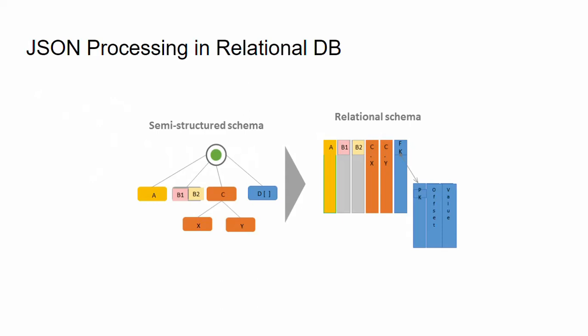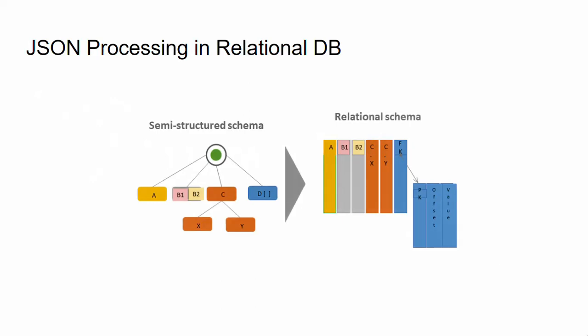Or if we only know there's a C and don't know what may be inside, we can put C as a column with a JSON type.